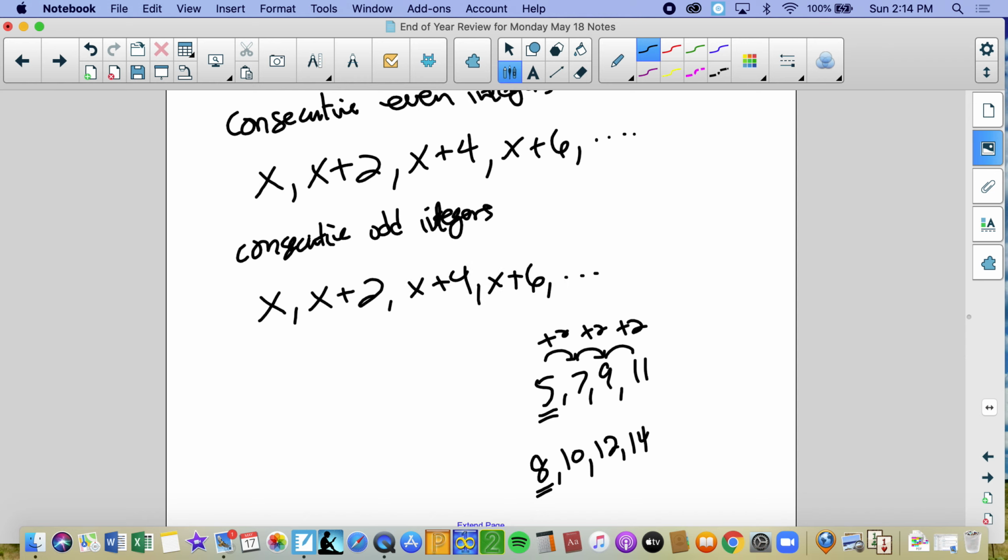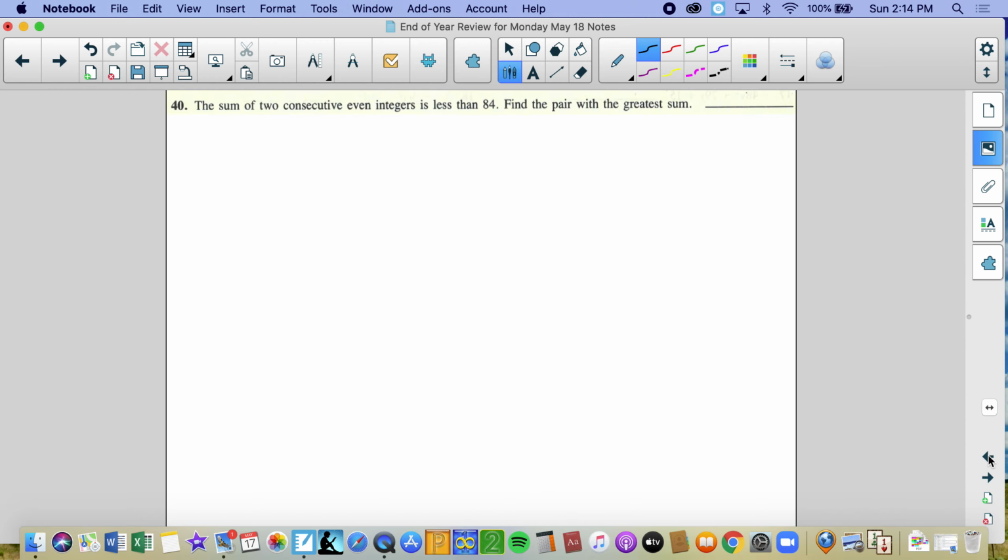So when we talk about consecutive numbers, it says the sum of 2 consecutive even integers is less than 84. So what's the first even integer? Well, I don't know what it is, so I'll call it x. What's the next consecutive even integer? Well, that's going to be x plus 2.